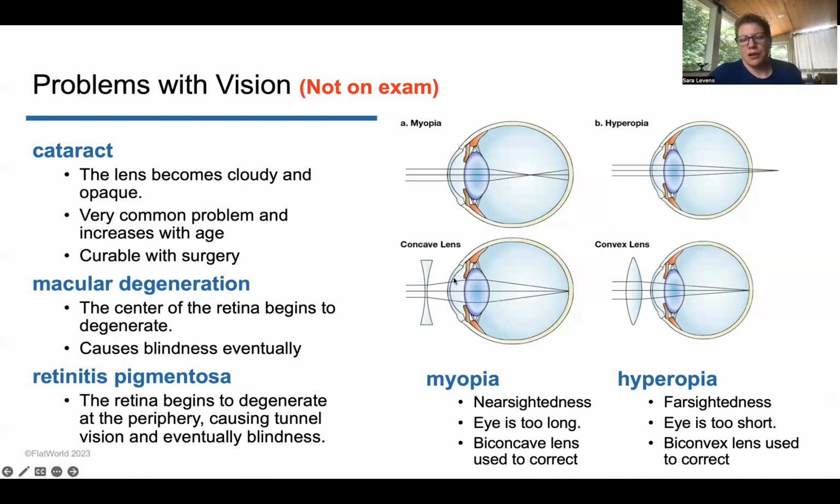You can see here with this concave lens, the light comes in and it bends it a little back out so that the information comes together again right at the fovea on the retina. And here's the same thing for the convex lens, which is basically trying to bring together the information a little bit earlier, so again, it can land right on the retina in the fovea.